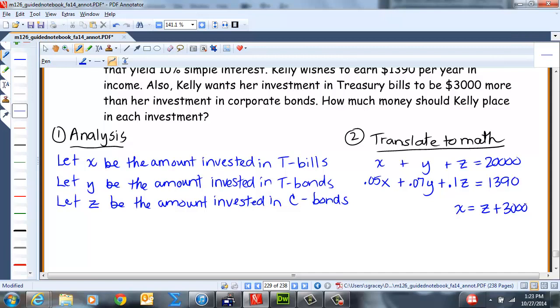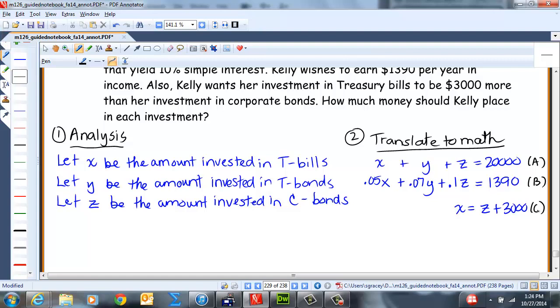All right, so now let's see. I think what we should do perhaps is use substitution. So, thinking about this, I know that equation C gives me the ability to write x in terms of z.